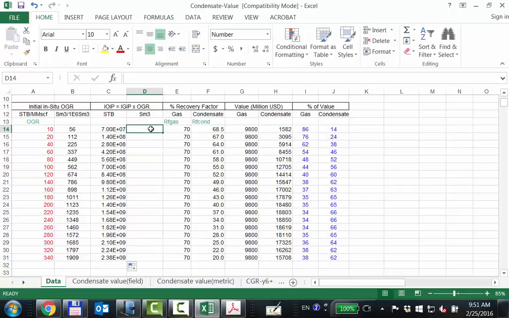Okay, we've got to calculate our standard cubic meters. I think there's 6.28 barrels per cubic meter. Is that right? Anybody know their conversions? All right.